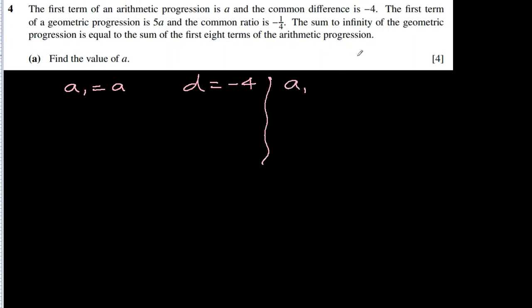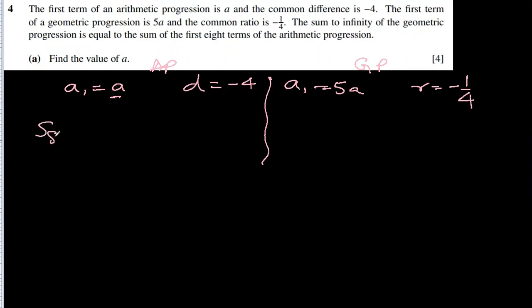So A1 in GP, let me write GP here and AP here, is 5A. 5 times whatever is this A. Yeah? Alright, and the common ratio is minus 1/4. Find the sum to infinity of the geometric progression is equal to the sum of first 8 terms of arithmetic progression. Find the value of A.